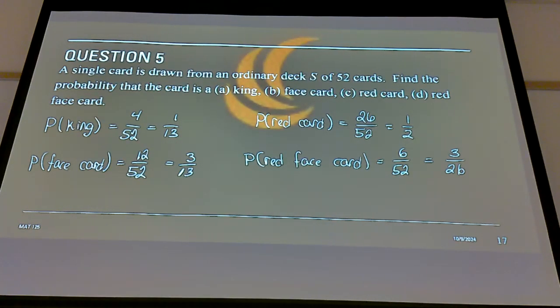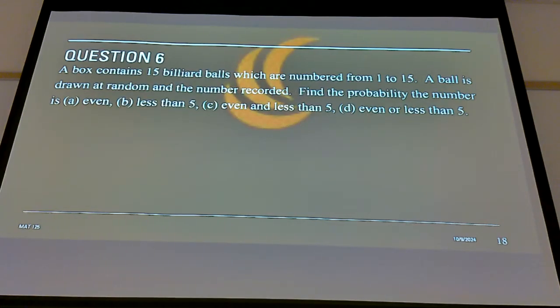Oh yeah, here's another one. Billiards. A box contains 15 billiard balls, which are numbered from 1 to 15.